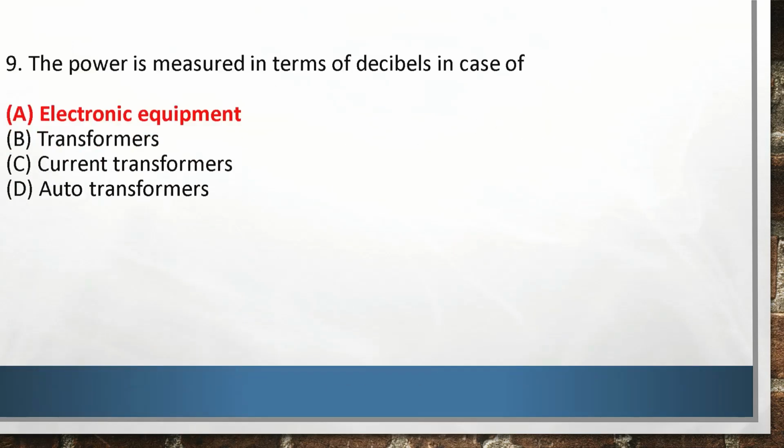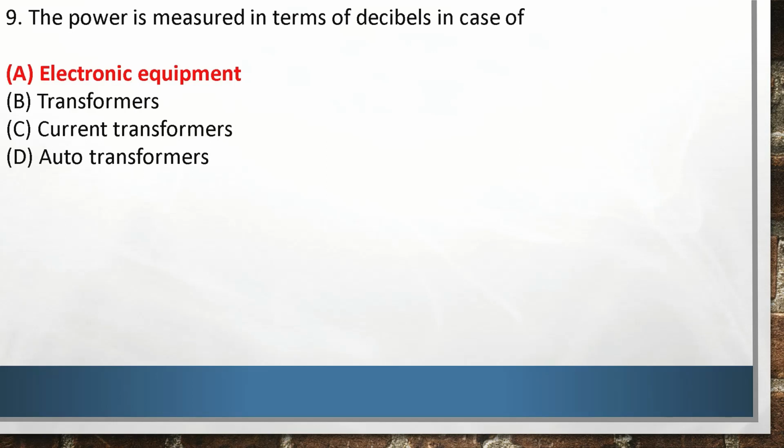Moving toward ninth, the power is measured in the term of decibels in case of, options are A electronic equipment, B transformers, C current transformer, D auto transformers, and the answer is A electronic equipment.